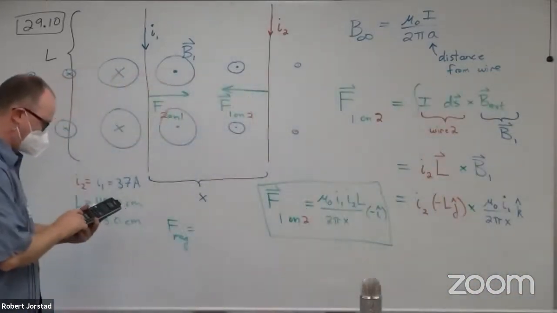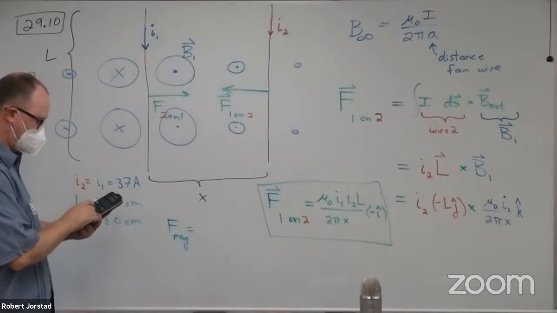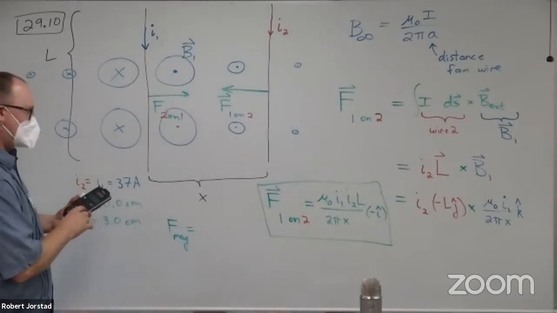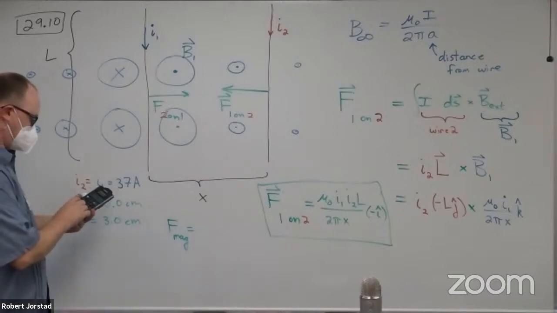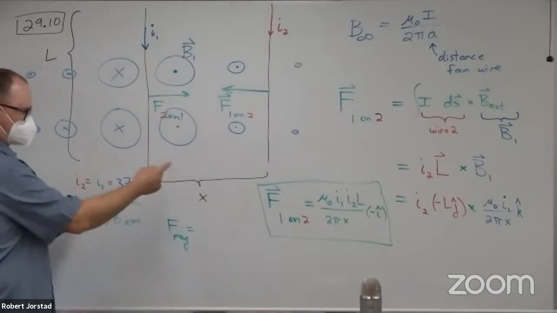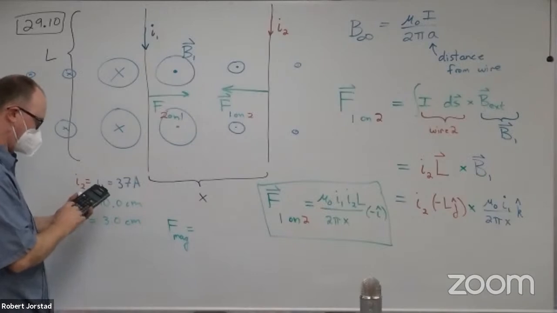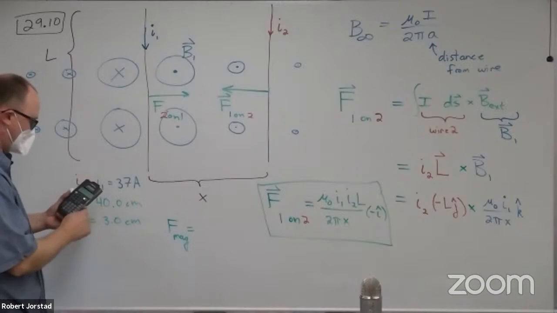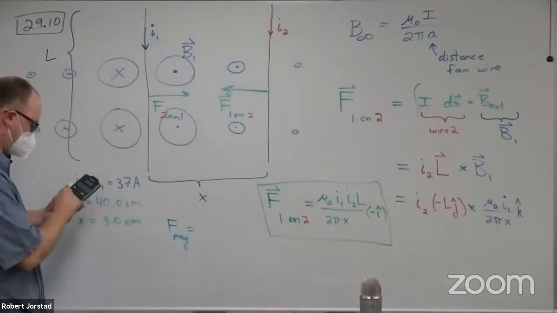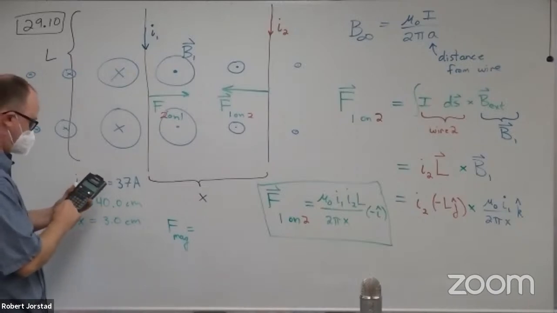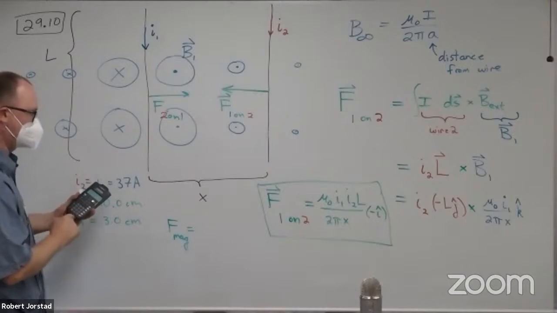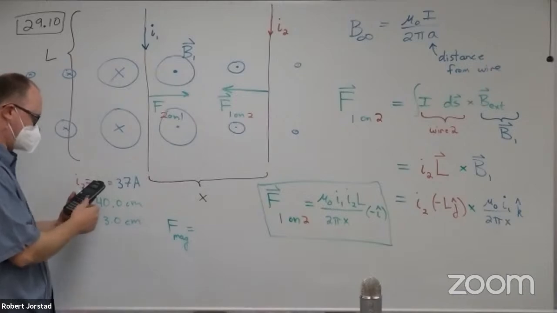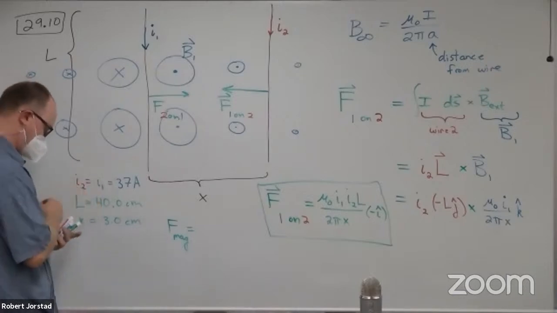So we got, what was mu naught? 4 pi e negative 7 times 37 squared, because it's in there twice, I1 and I2, times 0.4, right? 40 centimeters is 0.4 meters, divided by 2, divided by pi, divided by 0.03 equals about 3.7 milli.